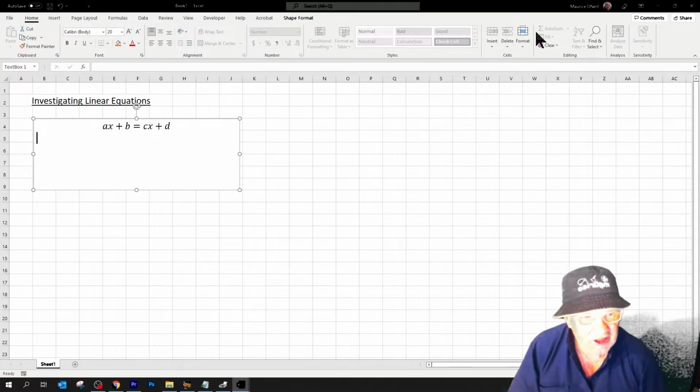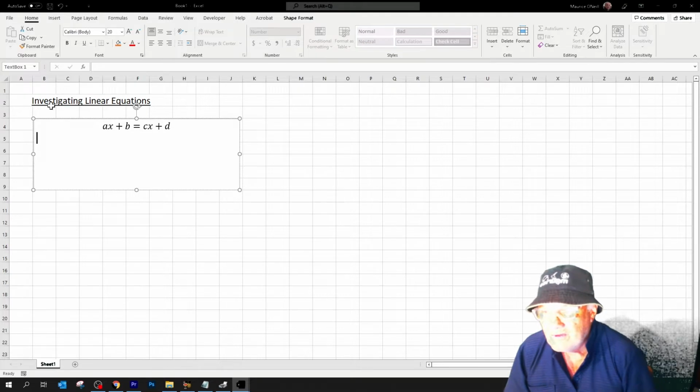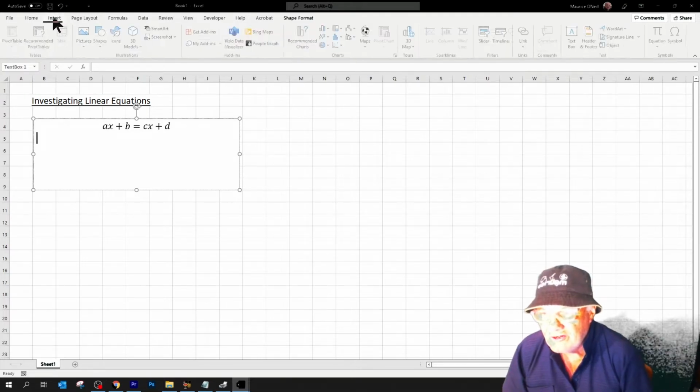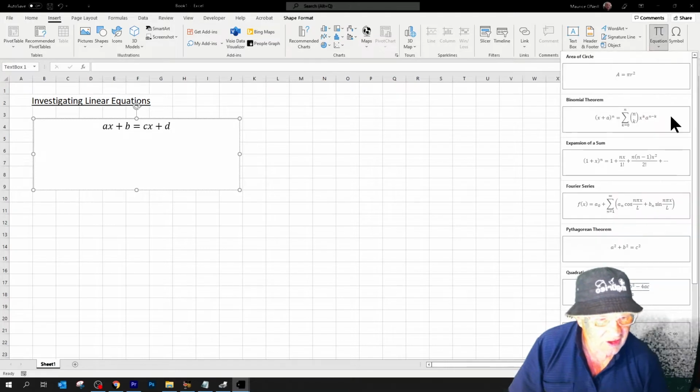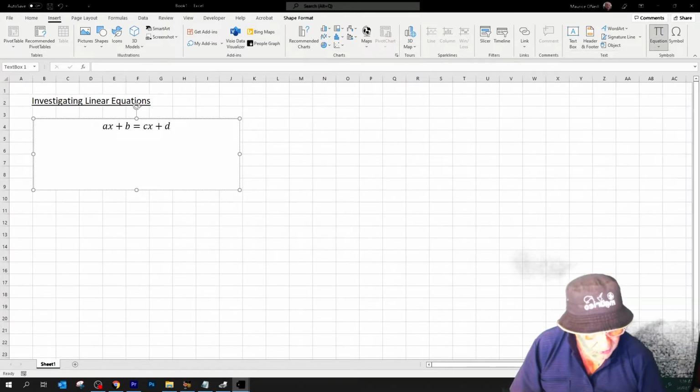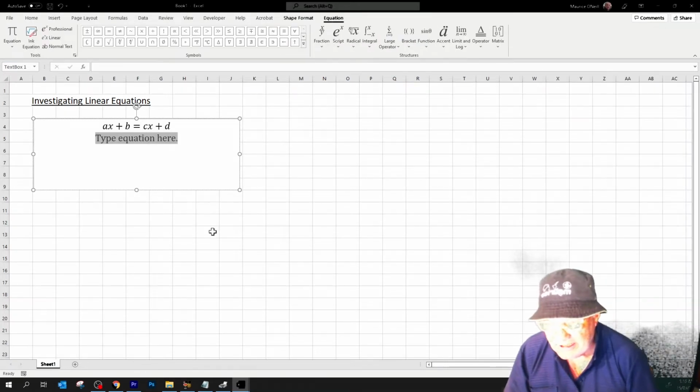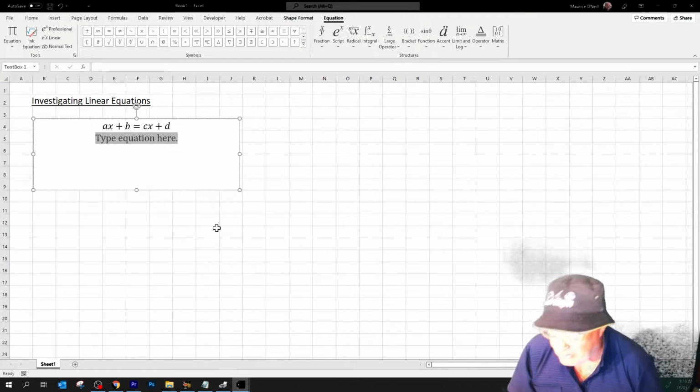Right, so we've got to hit equation again up in this insert here. Insert equation. It only works one line at a time. And so what we're going to do is manipulate this.